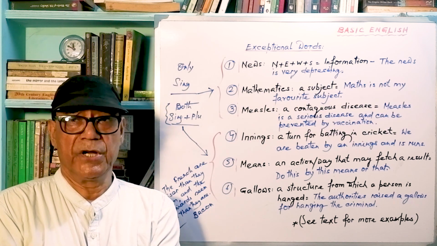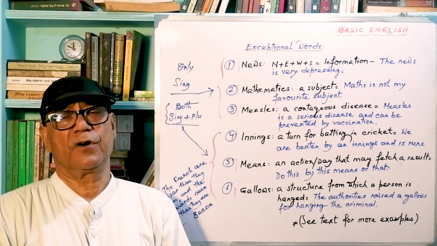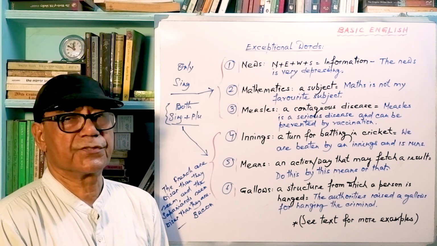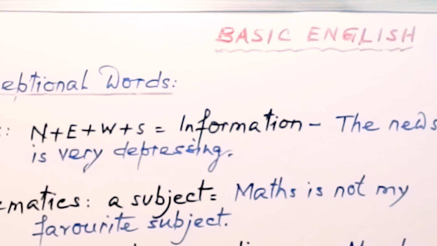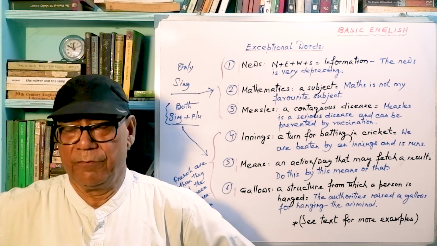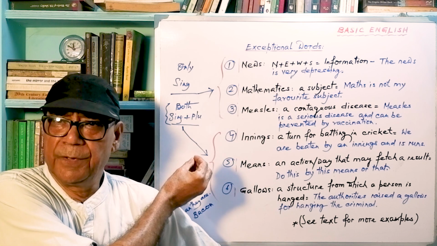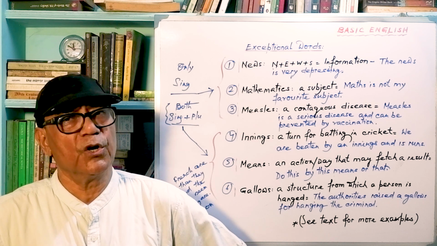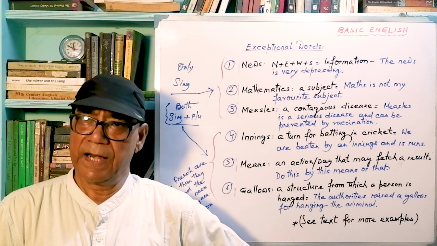It means information that comes from different sides. Sentence: The news is very depressing. You see the use of is. This is a singular verb, and this is perfectly used here because news is a singular noun.